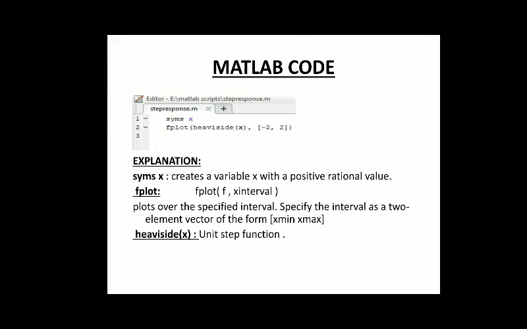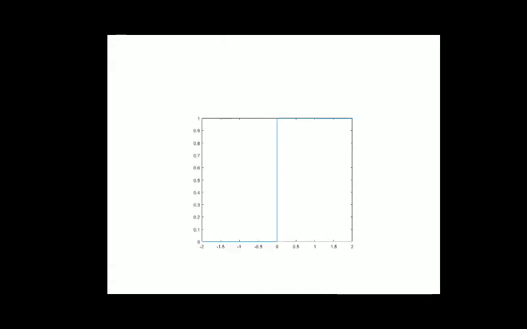Next, within the fplot syntax we have heaviside(x). So this is the unit step function. In MATLAB you can't write unit(x), you have to write heaviside to get the unit step function. And after saving and running that script, we'll get this output.